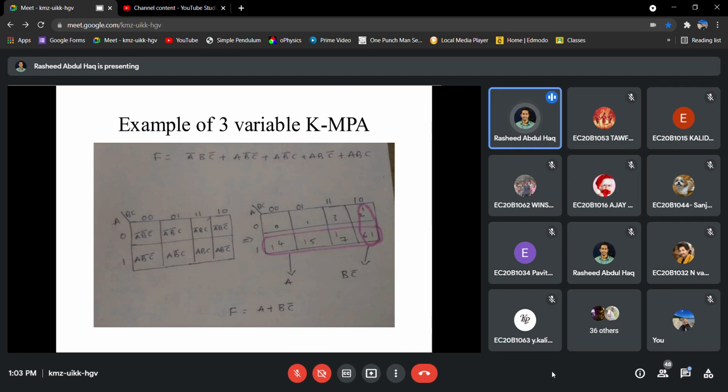That's why we group it together. Only the values of B and C are significant. So for the second case, we write B C bar. When someone enters 0, 1, 0, we have to get the output 1. Is this clear? How we have grouped both and how we wrote F equal to A plus B C bar?